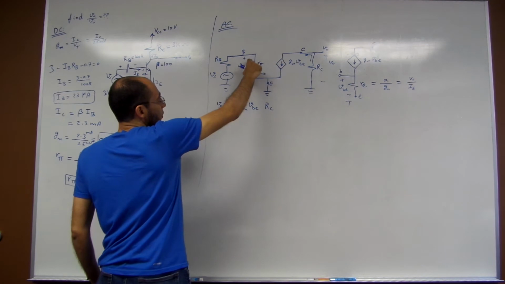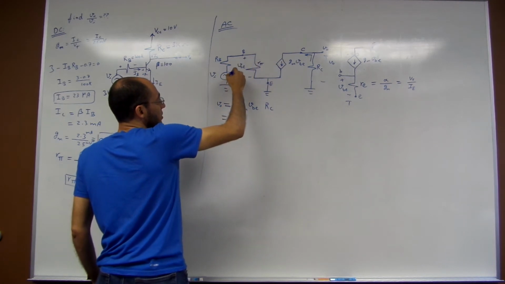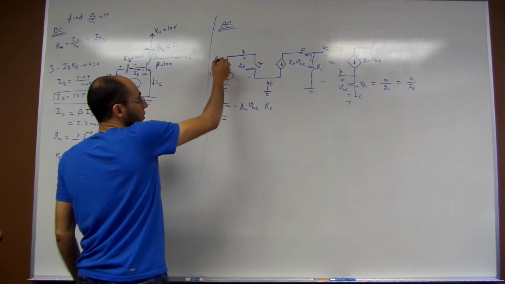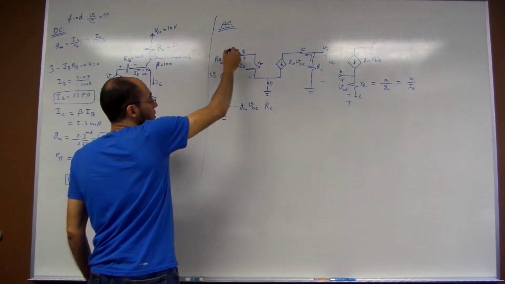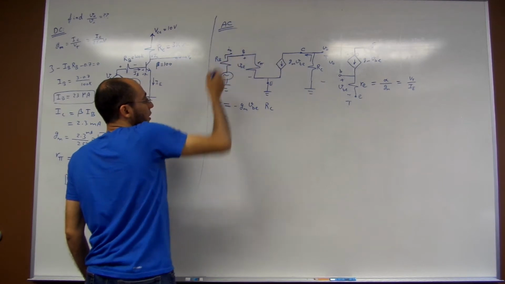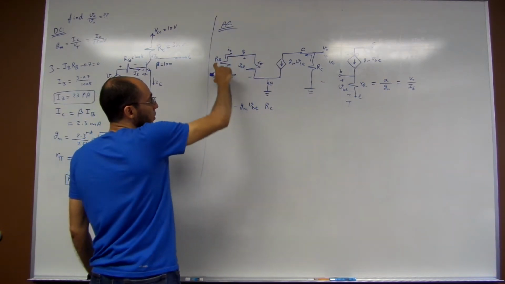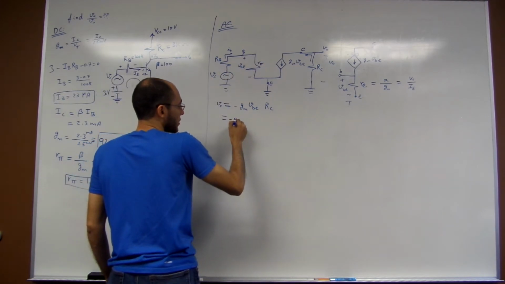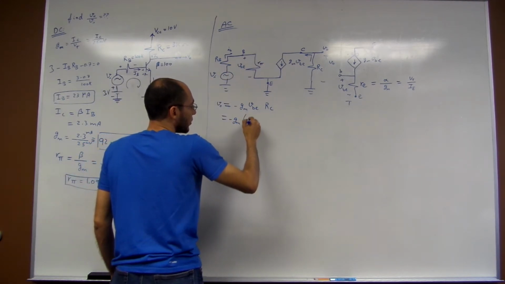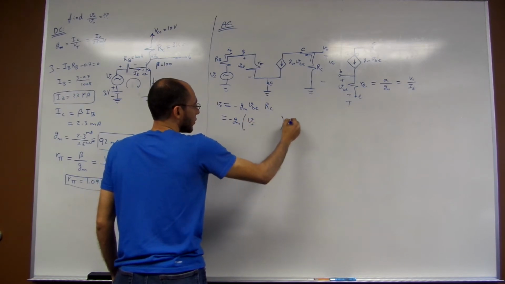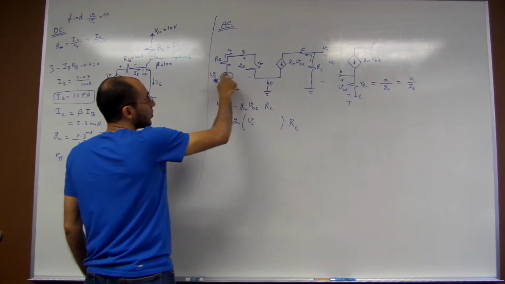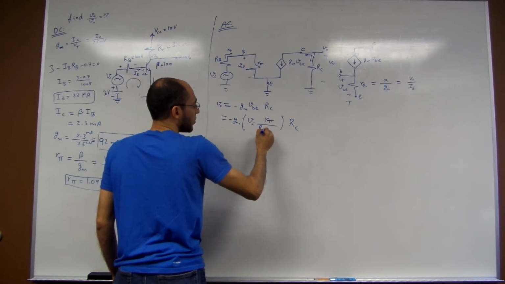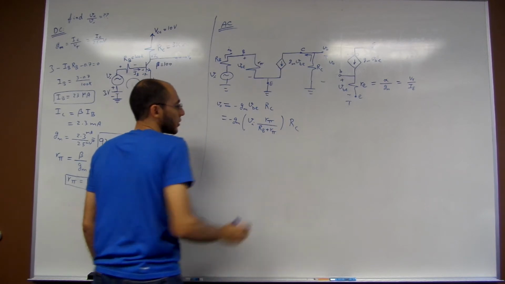VBE is found by the voltage divider rule. Why? Because the current passing through this R pi is equal to the current passing through RB, which is I base. So you end up with a voltage divider rule, and thus VBE is equal to V input multiplied by R pi over RB plus R pi.